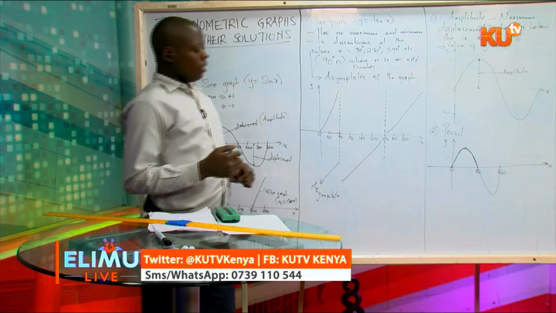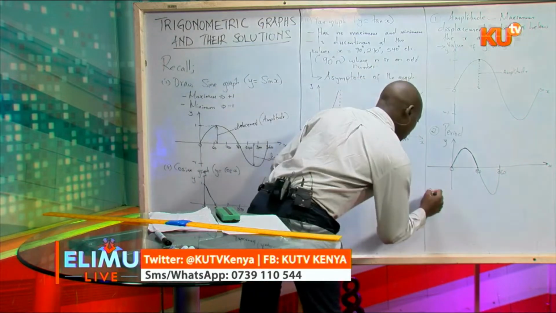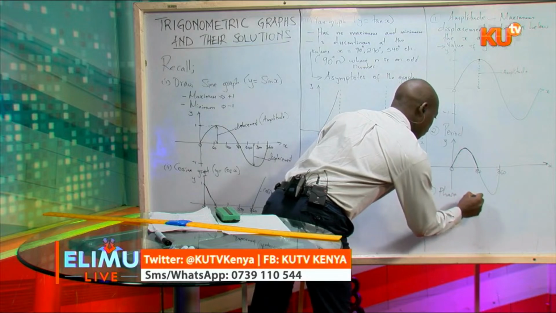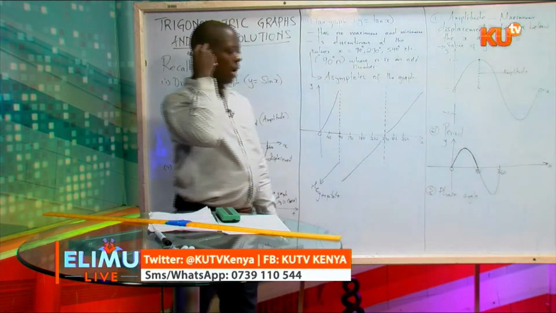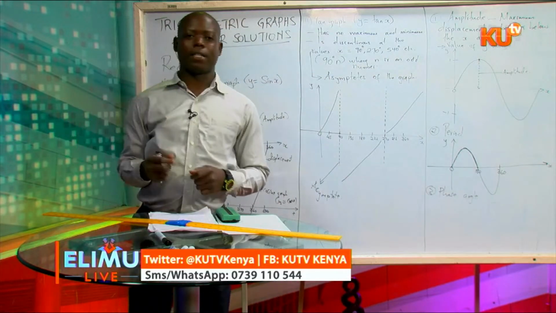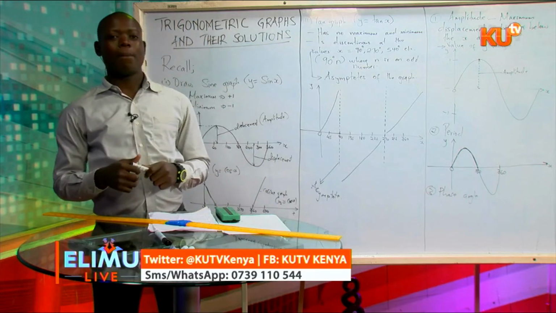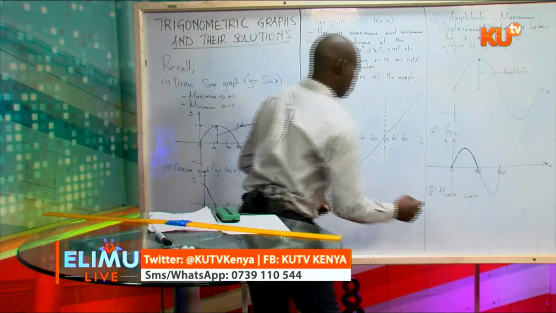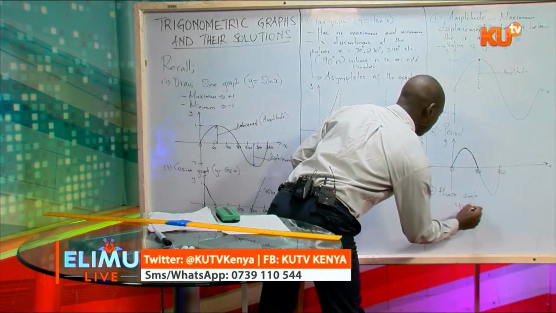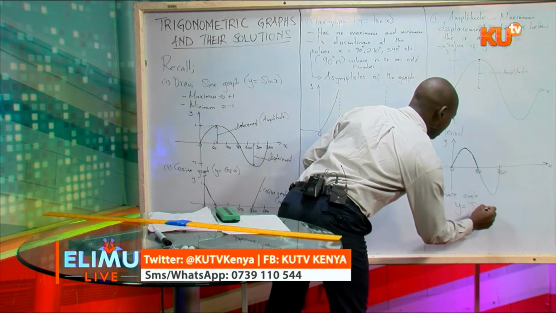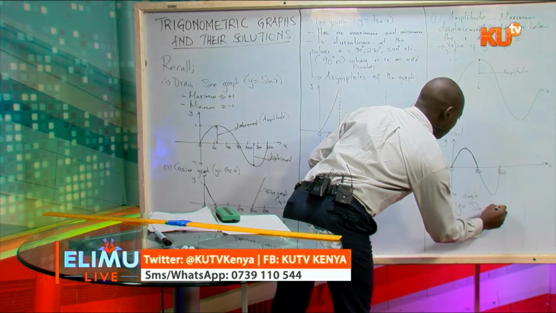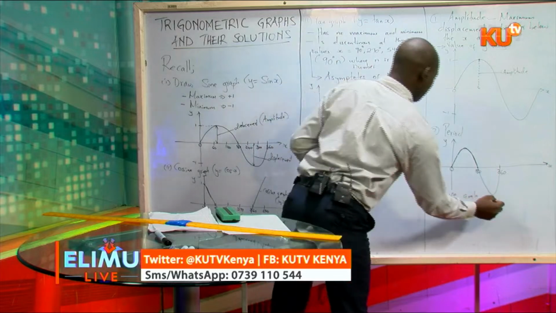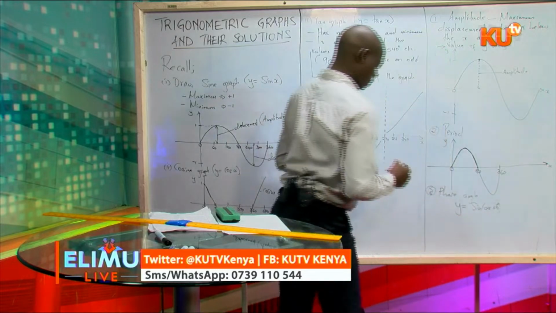Number 3, we're going to see what is called the phase angle. The phase angle is simply the angle difference. You'll find that some of the waves will be given in the case, for example, y is equals to sine ax plus b, sine ax plus b degrees.